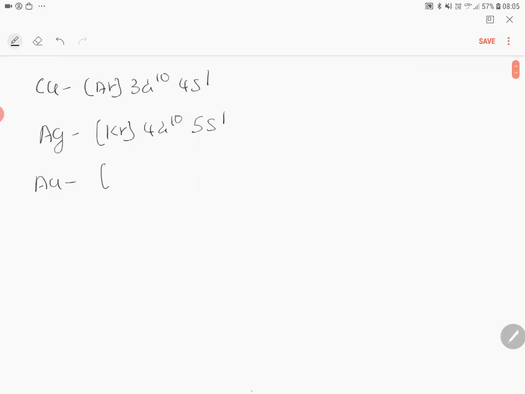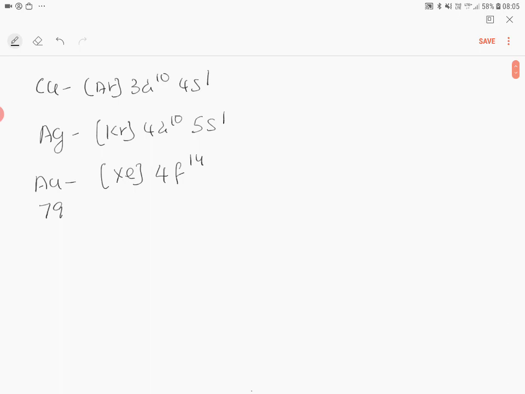But when you write the electronic configuration of gold, after you include xenon, first what will come? You will get 4f14. After 4f14, see, the atomic number of gold is 79. So xenon is 54.